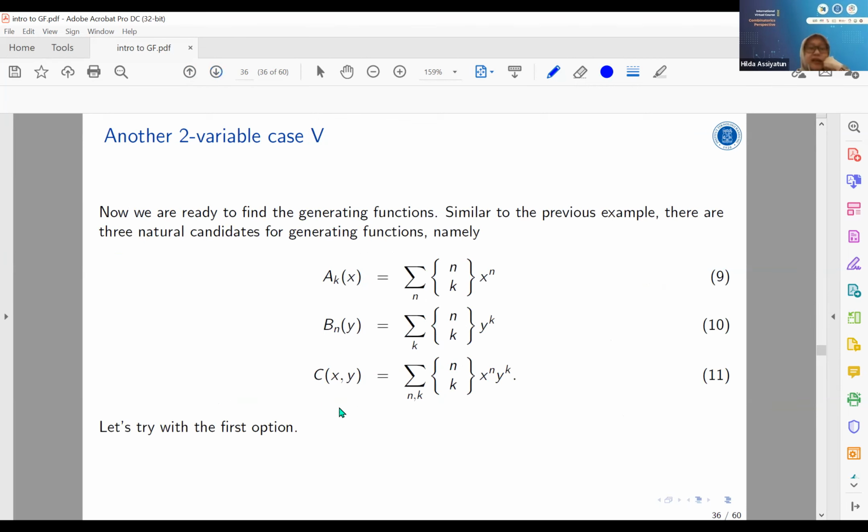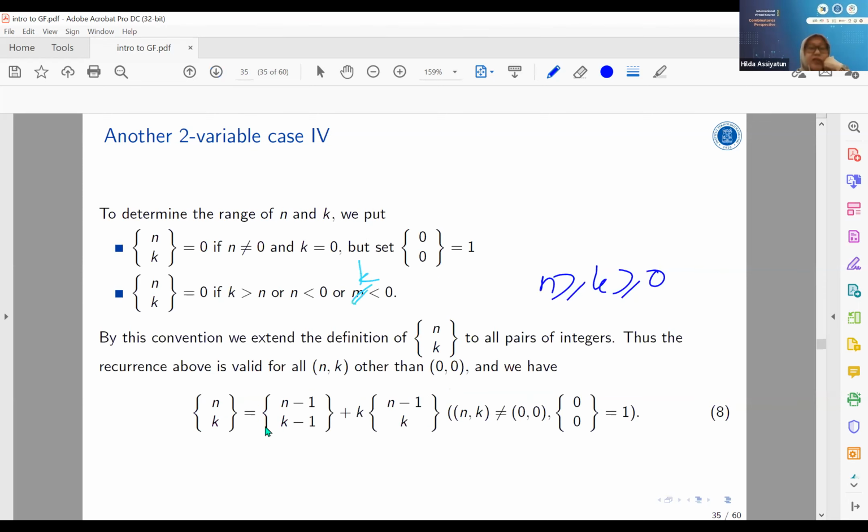The left hand side is easy, that should be the generating function a_k. But if we multiply this with x to the n, we have an extra x. Here, if we multiply with x to the n, we also have an extra x. So this is what we have.